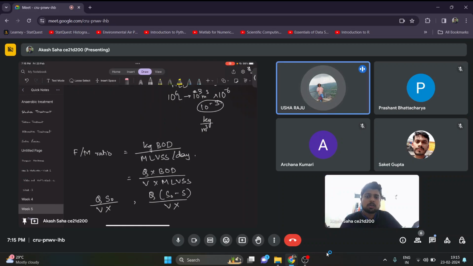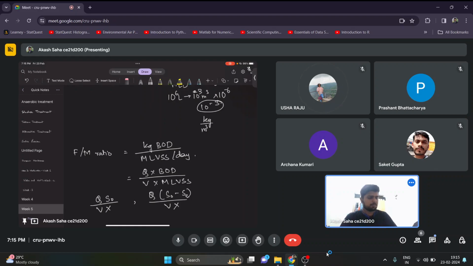But why are we subtracting effluent? That is not food available, no? Yeah, if that data is known, if I know whatever effluent is going out of the system, that means that food is not available to my microorganisms, right? It is anyway flushing out from my system. So that much food we are not considering for our design.